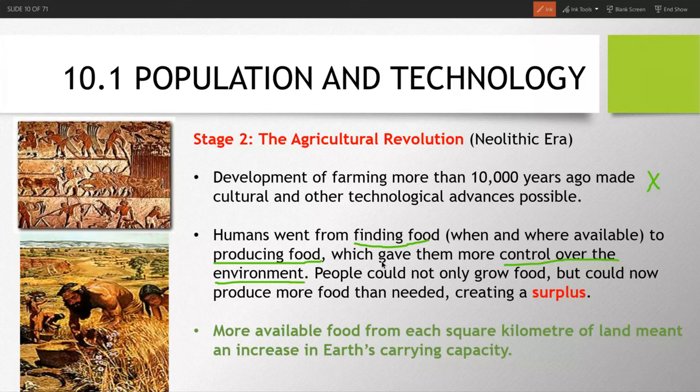Okay, so now what this means is that the better humans get at farming, maybe they develop better technologies, tools, and so on to help them farm or use more land for farming, they can actually control more or less the amount of food that they grow.